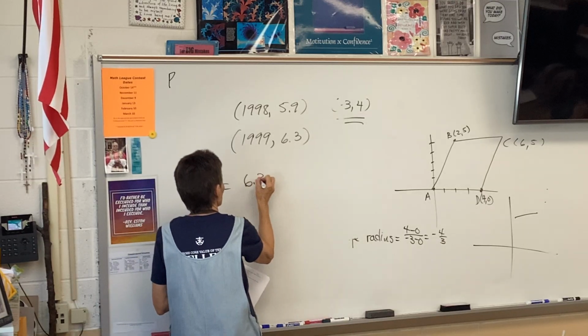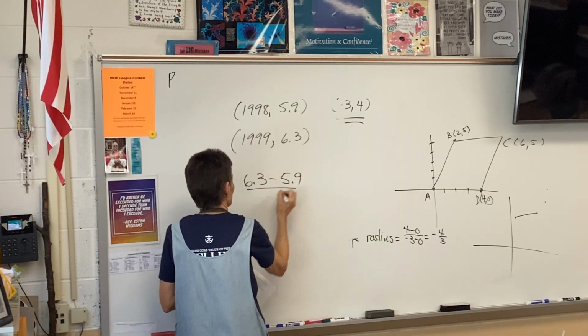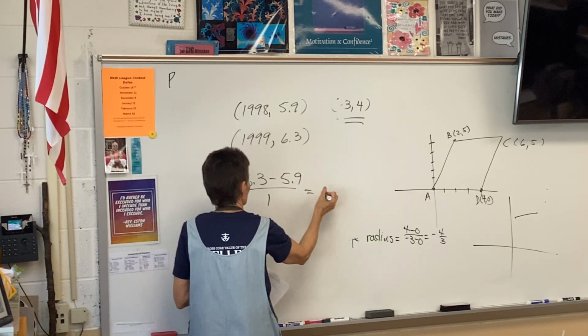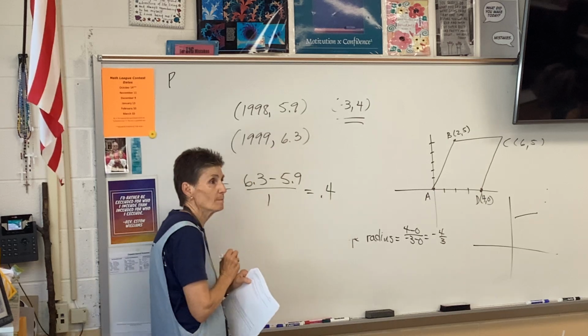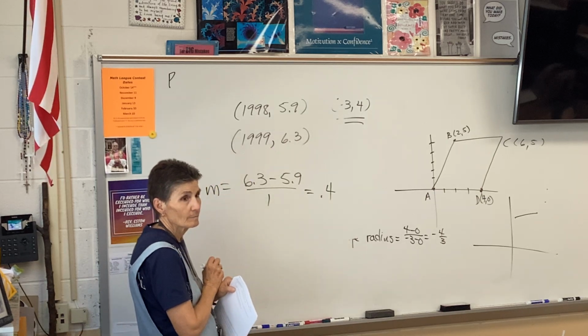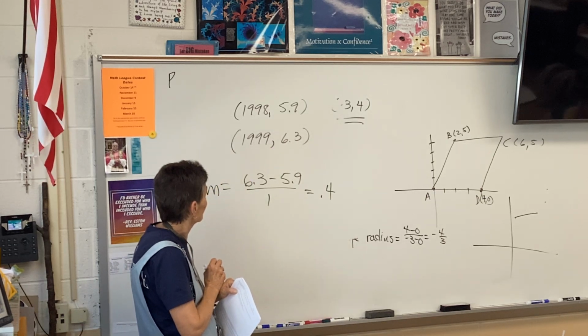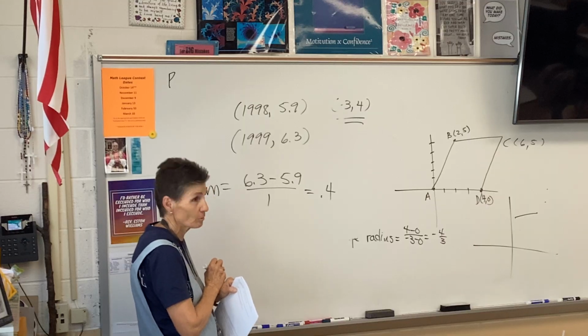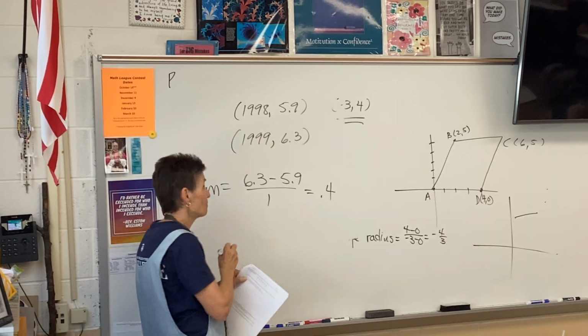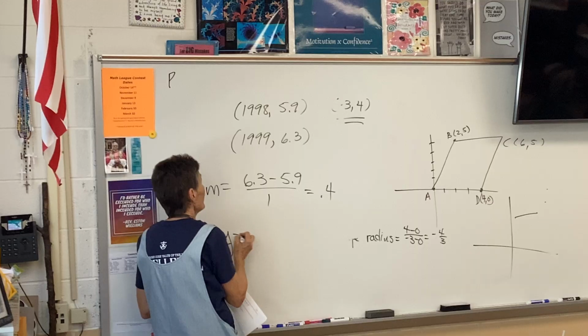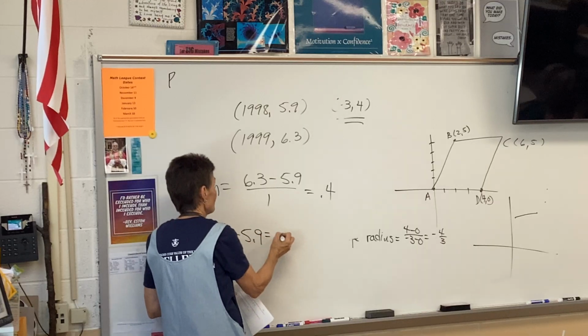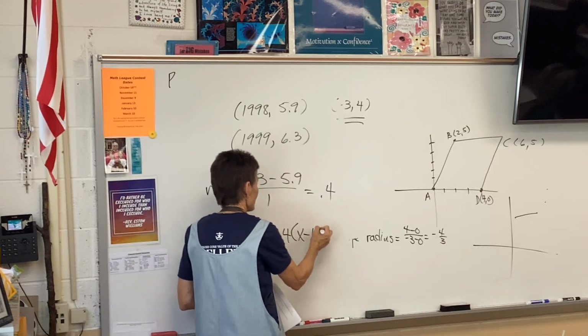Slope is 6.3 minus 5.9. Did you get 0.4? Nod or shake or something? 0.4? So I'll pick a point, I'll use the first one. Y minus 5.9 equals 0.4, x minus 1998.